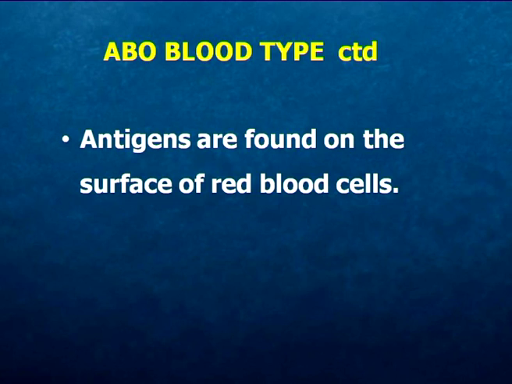That way, they are different from the normal antigens, which are mostly proteins. They stimulate the formation of antibodies. Antigens are found on the surface of the red blood cells. They are bound to the membrane enclosing the RBC.